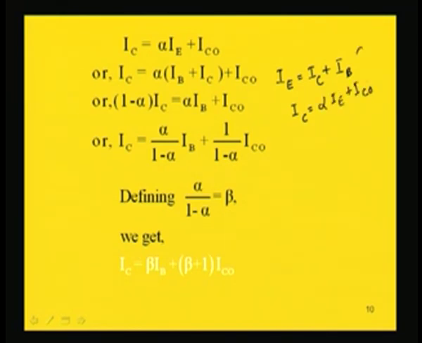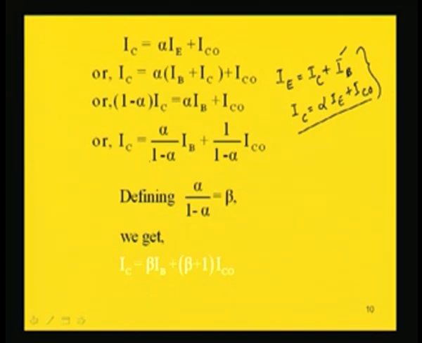From these two equations, we can proceed a little further and write IC equal to alpha times IE plus IC naught. Here this IE can be replaced by the first equation, IC plus IB, plus IC naught. So, doing this little manipulation, transferring this alpha times IC to the left side, I get 1 minus alpha times IC equal to alpha times IB plus IC naught.